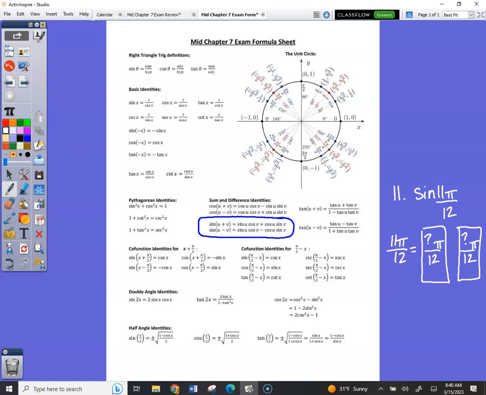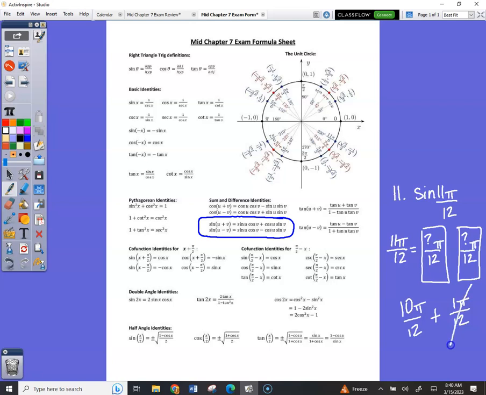What do I mean by that? I don't want to pick 10 pi over 12 plus 1 pi over 12. Why do I not want that? 10 pi over 12 plus 1 pi over 12 does add to 11 pi over 12, but why will this not work?